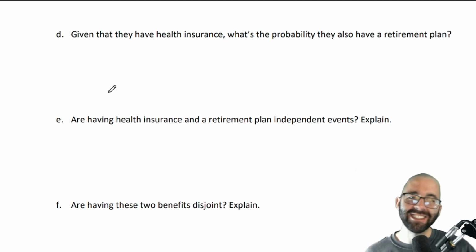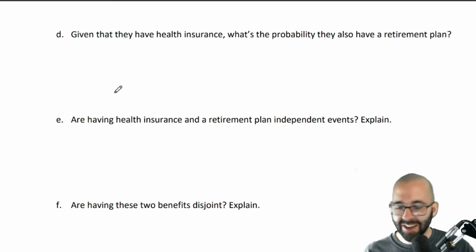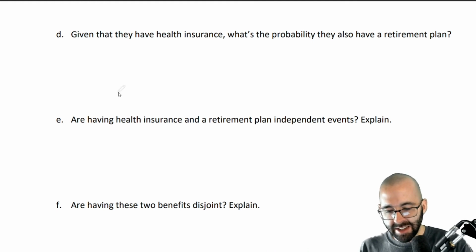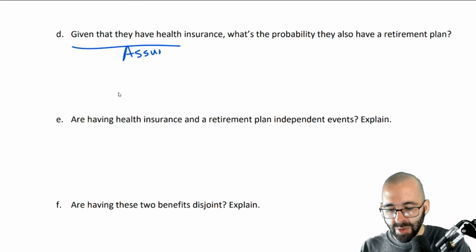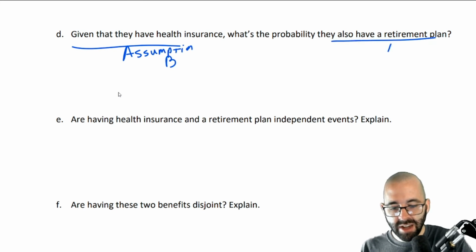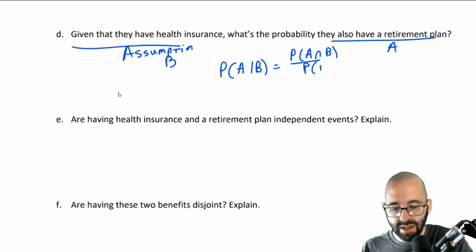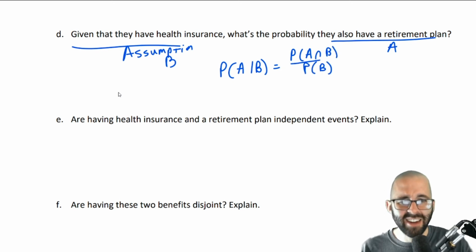Given that they have health insurance, what's the probability that they also have a retirement plan? Okay, so again, now our assumption is up here. We can call that B. Probably they also have a retirement plan. That's A. Probability of A given B is the probability of both divided by the probability of the second. We could have used the same letters as before.